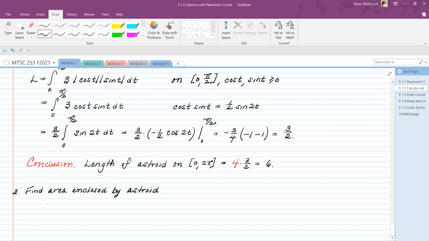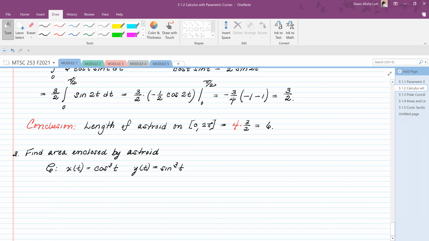And again, C is x of t is equal to the cosine cubed of t, and y of t is the sine cubed of t, and t between 0 and 2 pi.